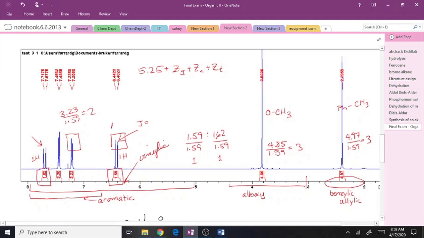So if this is HA and this HB, we are not subtracting 7.7 from 6.4. We are subtracting the value of the two peaks of that multiplet. So we are taking these, 6.4423 minus 6.4023, and this is what we are multiplying by our spectrometer frequency, in this case 400, and it may be something else.